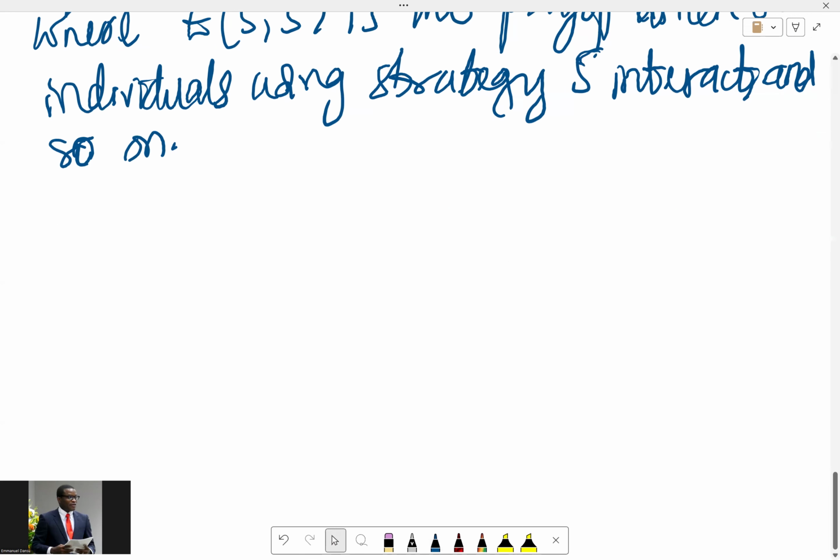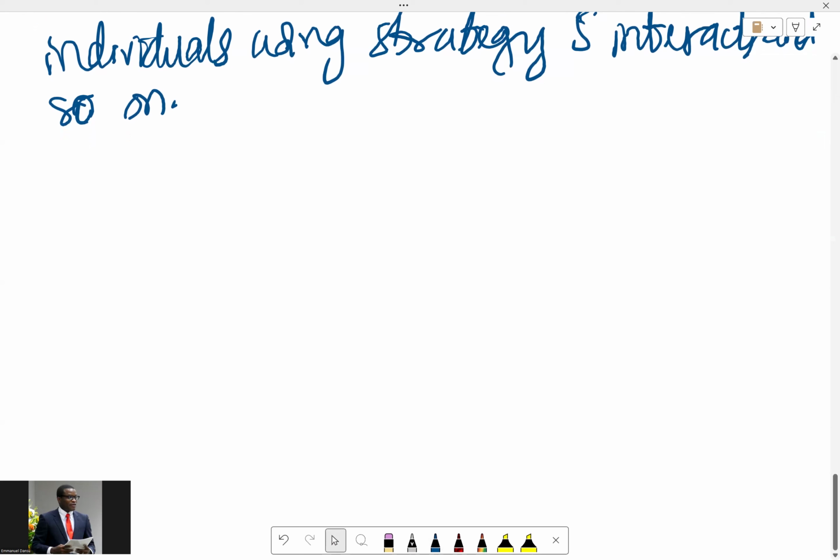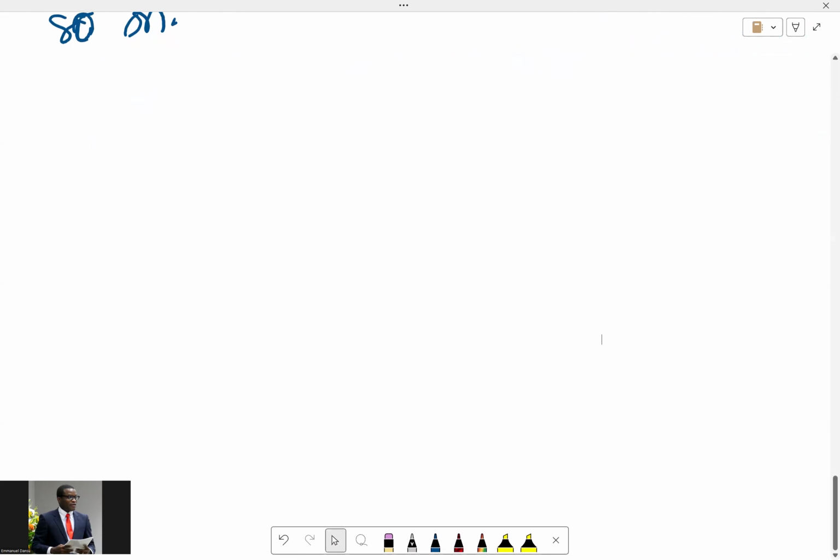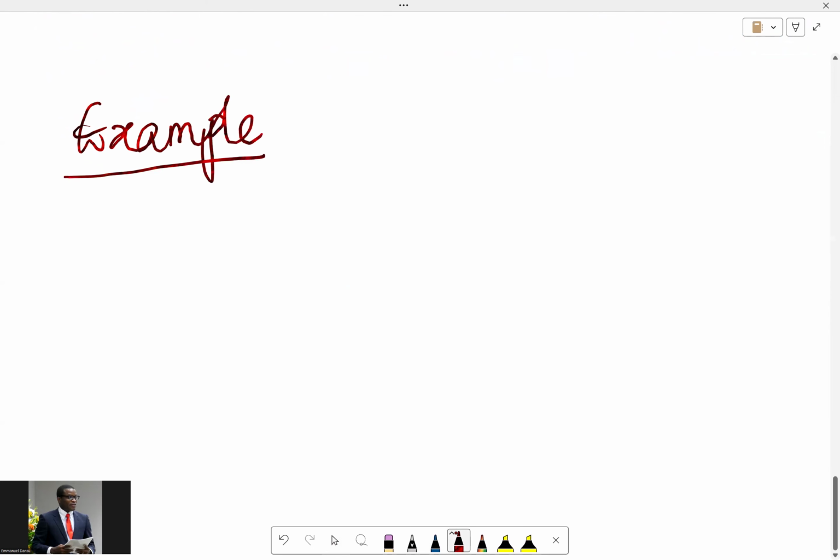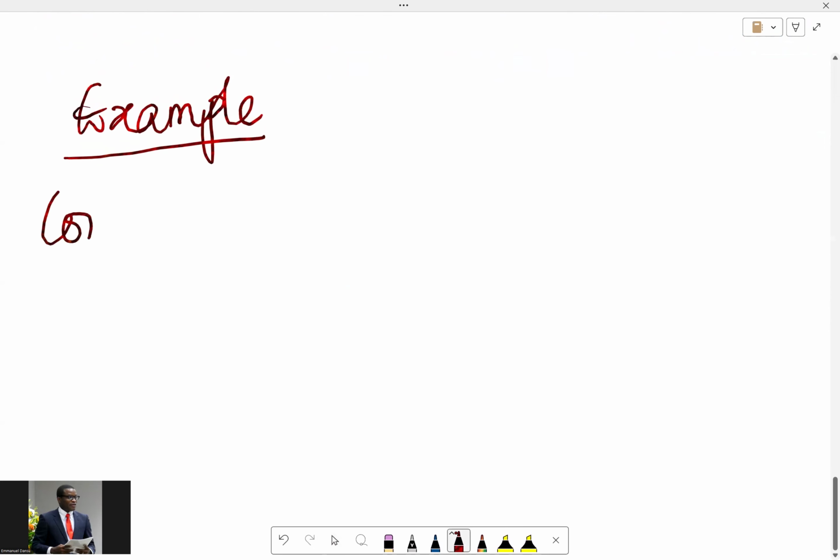Now, let's see an example of this. I think this is the most popular example we've been using since we started game theory, and that is the prisoner's dilemma. So consider two strategies in a population.